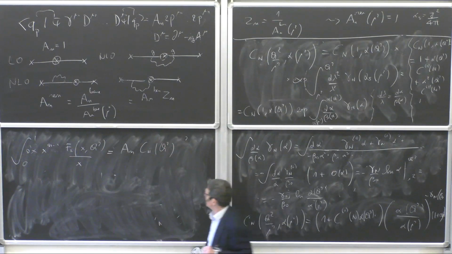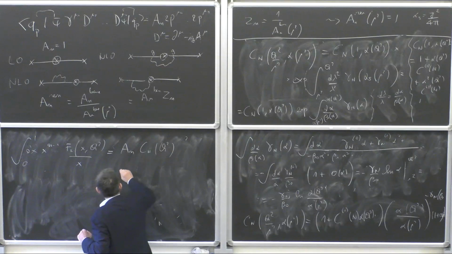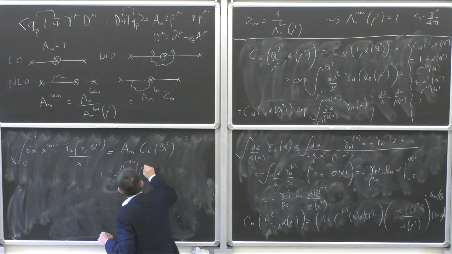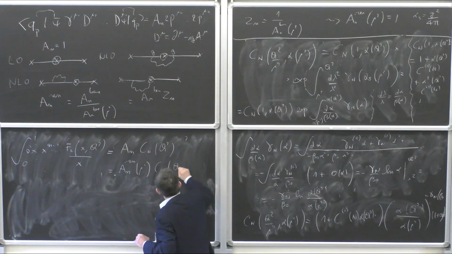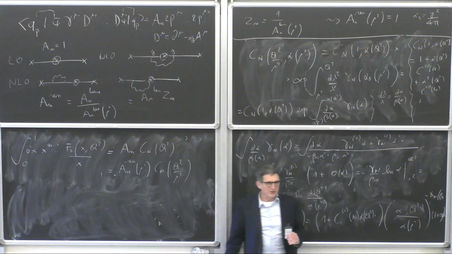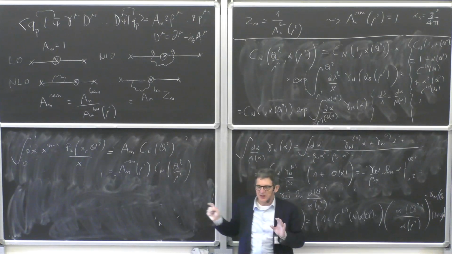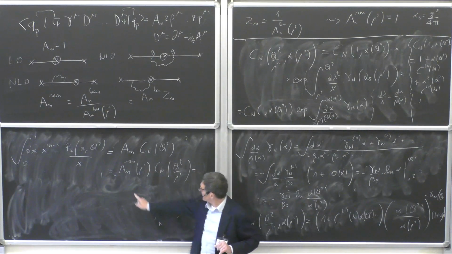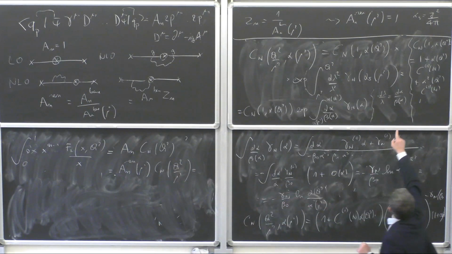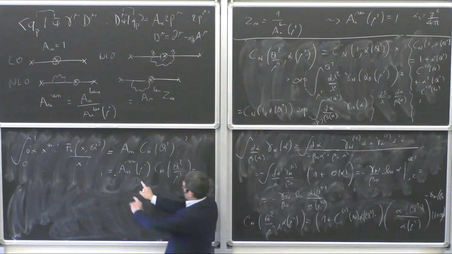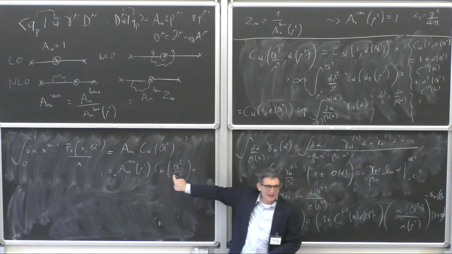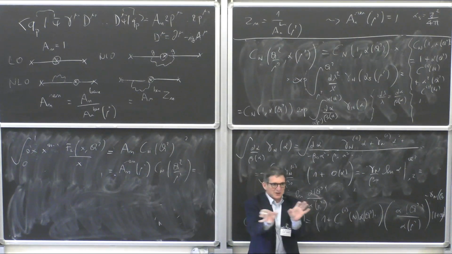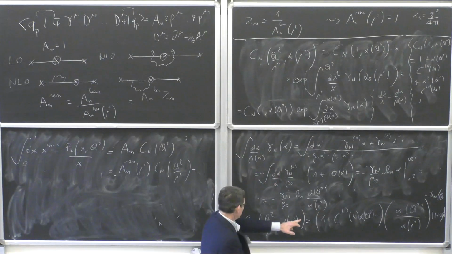Then we concluded that beyond leading order, we must actually write this as an renormalized function of mu square times a Cn function of q square and mu square, and everything here now is dependent on the strong coupling. So there is a hidden dependence on the strong coupling. Then we looked at the scale dependence of this guy, which is still written up there. We said the scale dependence of this guy must compensate against the scale dependence of this guy. This depends on mu square, this depends on mu square, and the two mu square dependencies compensate each other.